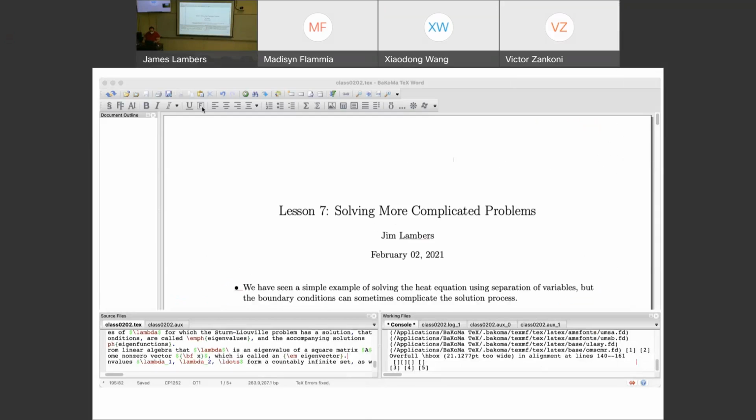Okay, and I was checking in Canvas a little while ago. The first homework was due a couple days ago. Let's see. Only 5 out of 9 have turned it in.